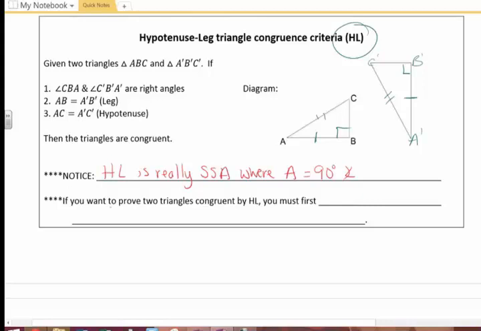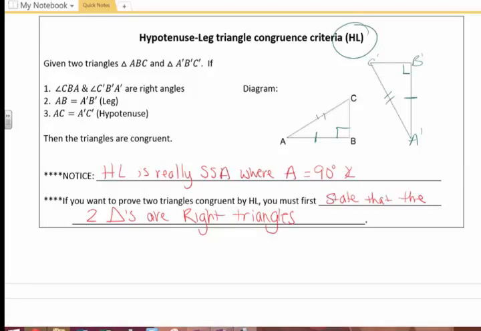However, if you want to prove two triangles congruent by HL, you must first state that the two triangles are right triangles. Have to do that first. It's just a thing. Okay?